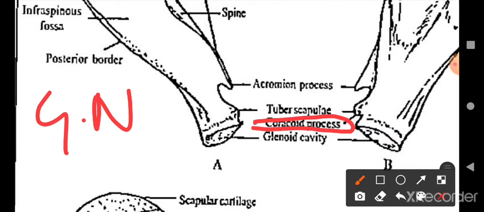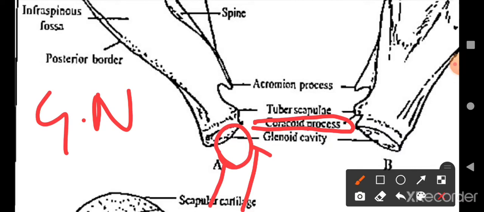At the inferior angle or glenoid angle, there is a cavity known as the glenoid cavity, which helps in the formation of the shoulder joint by joining with the head of the humerus. Then, to the anterolateral side of the glenoid cavity, there is the notch known as the glenoid notch.